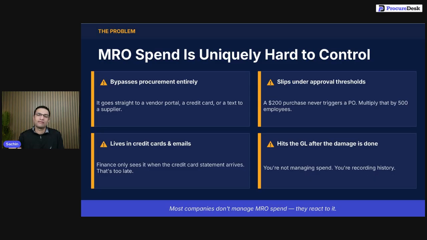So, if you have, let's say, a $500 purchase limit and somebody purchases, I don't know, a pair of gloves, which is $100, or some sort of ball bearing grease, whatever the case might be, it stays under that threshold limit, so people don't put in requests, right? So it just kind of goes unnoticed. Now, this is not a problem if you have 10 people buying, but when you have multiple locations, multiple plants, and you have hundreds of people purchasing, this becomes a volume game and it starts adding up from a spend standpoint.